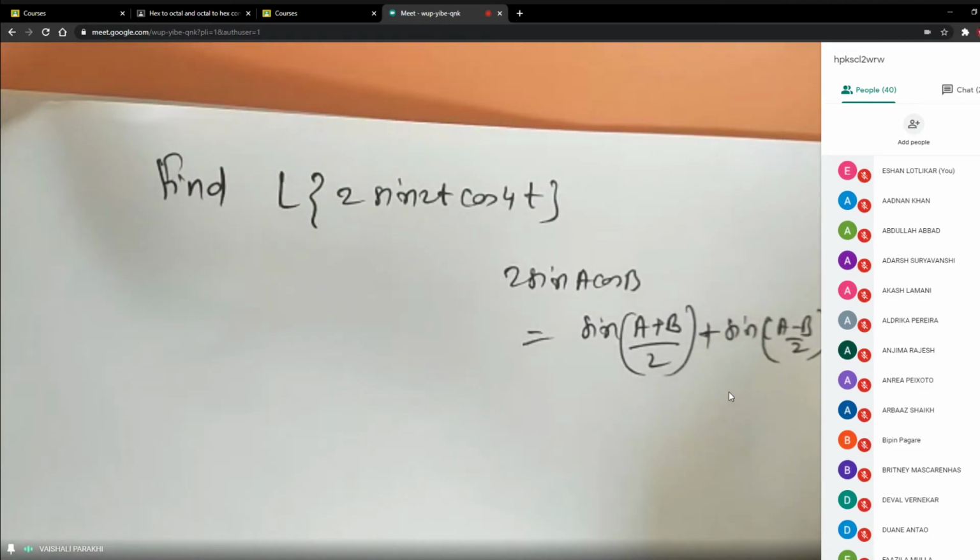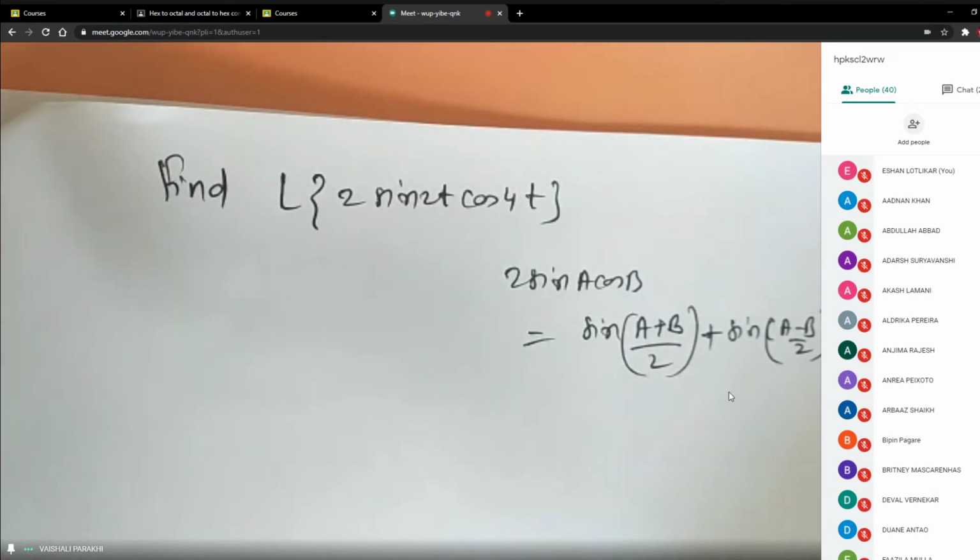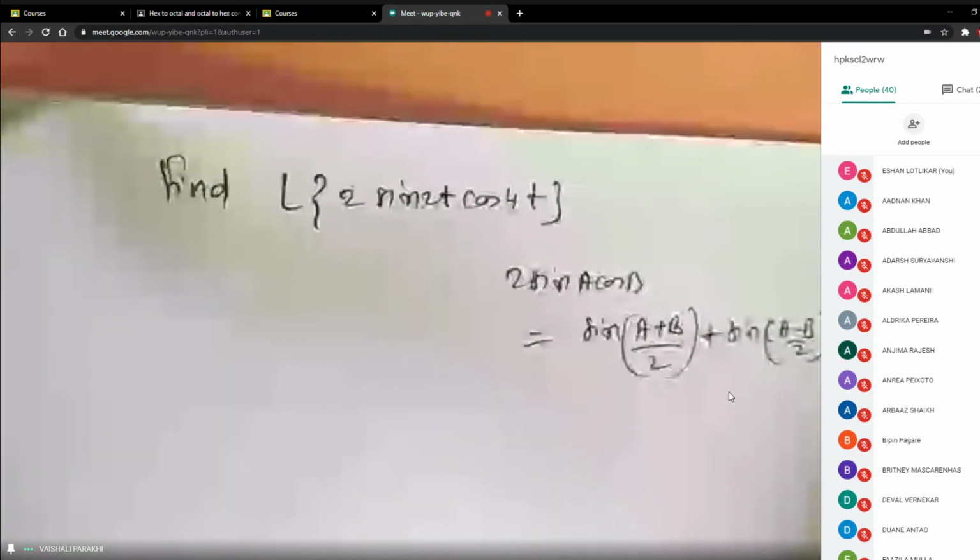Sin A cos B, what is the formula? Ma'am, it is sine of A plus B plus sine of A minus B. Sure? You have the formula with you now? Anybody is having the formula? Or you can Google quickly.